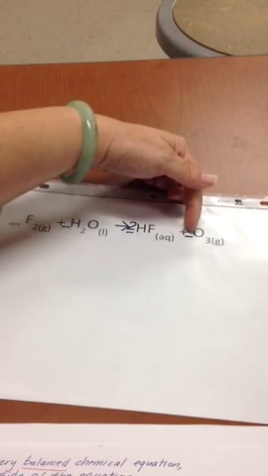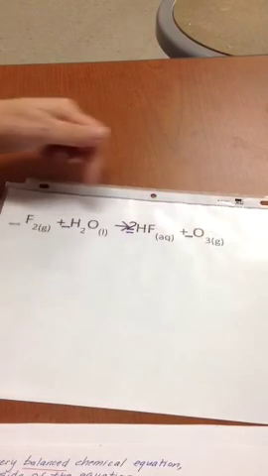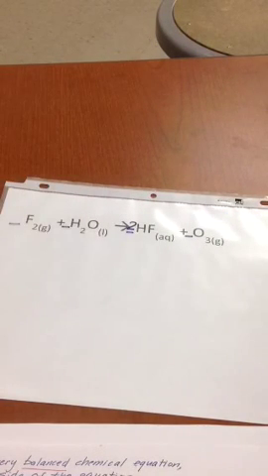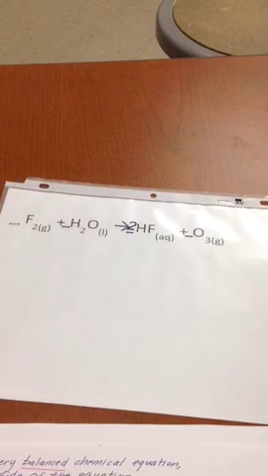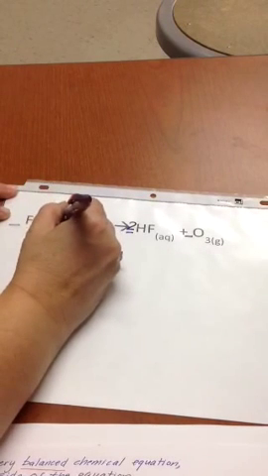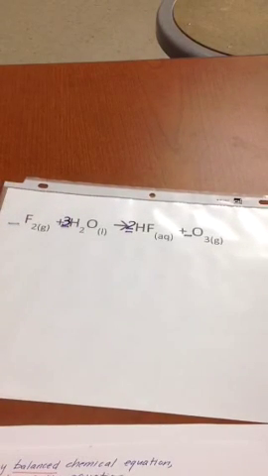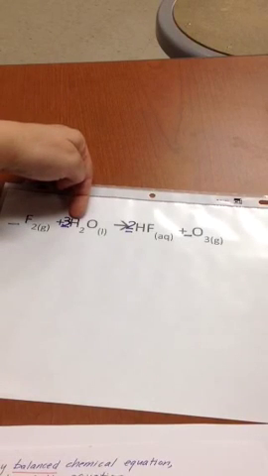When I come over here on this side, I have 3 O's. I have 3 O's on this side, and I only have 1 O on that side. So to make this have 3 O's, the only way I can do that is to put a big number 3 here. However, in doing so, I'm changing my H's.